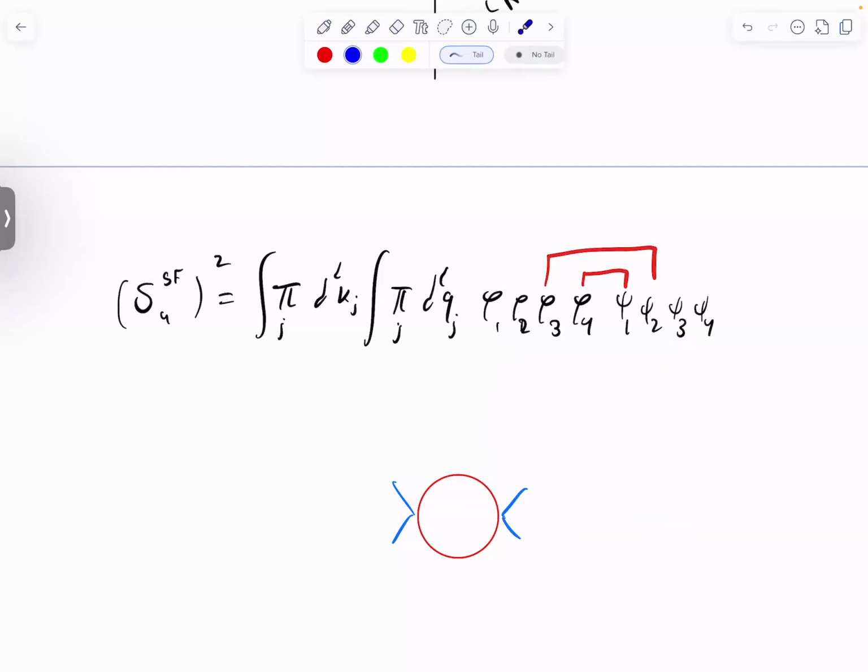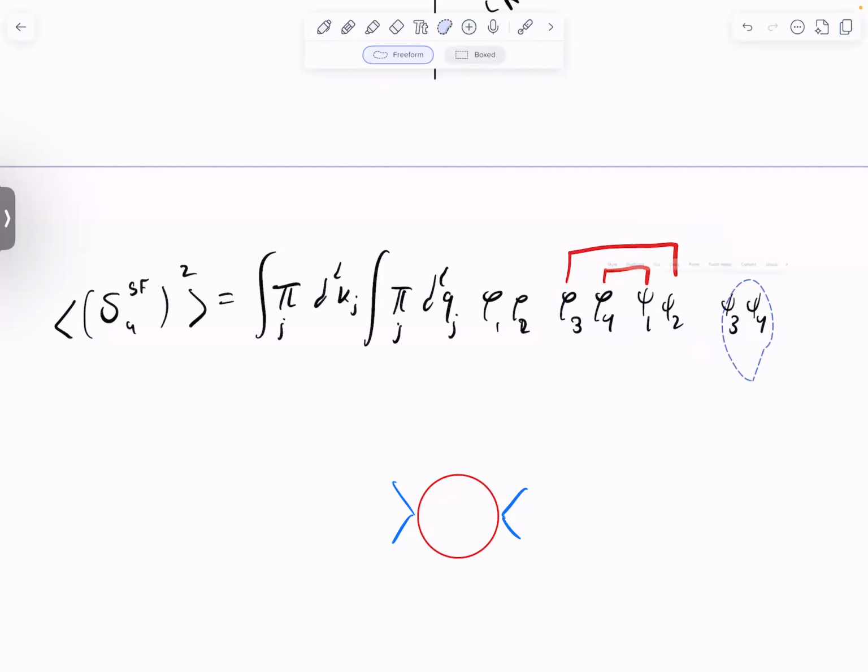So that means that this term, after I compute the expectation value, is basically like computing this. What we're going to get is an effective interaction.